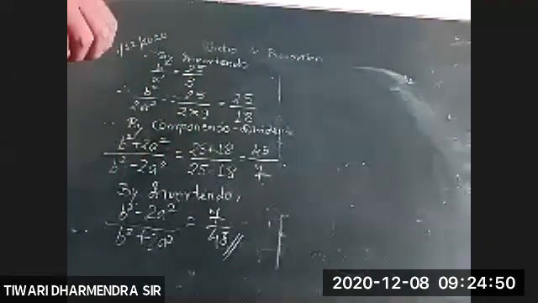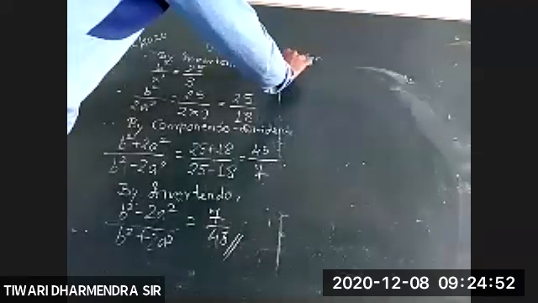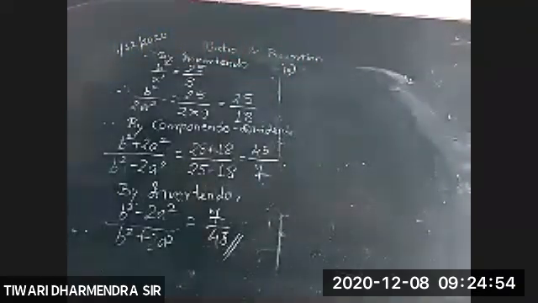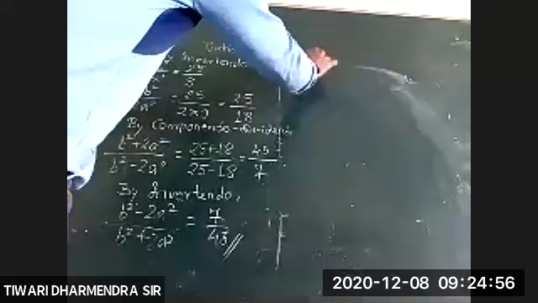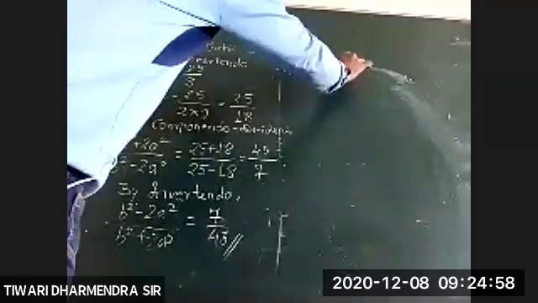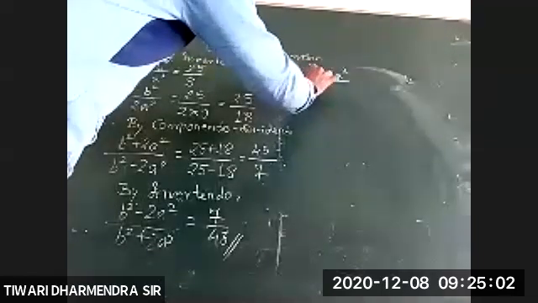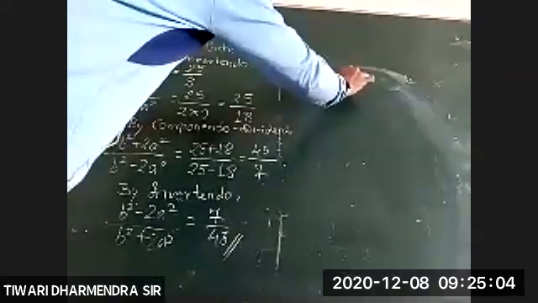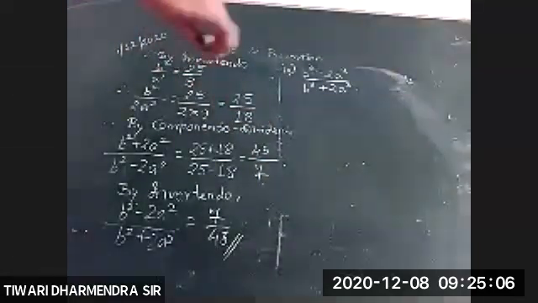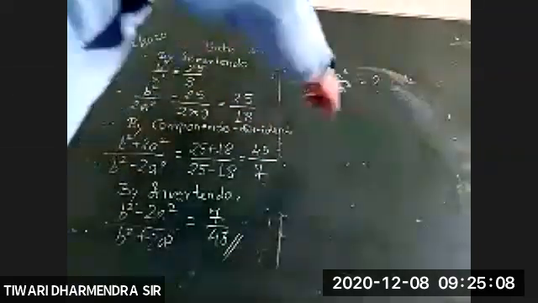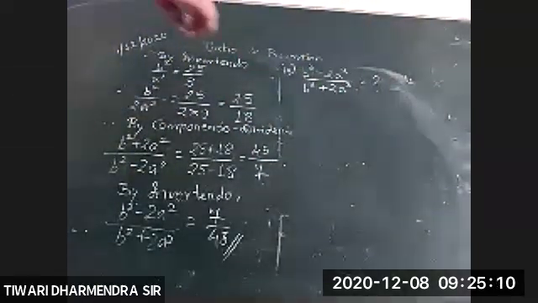So, fourth part, they're asking us to find the value of (b cube minus 2a cube) divided by (b cube plus 2a cube). So first we need to find the value of b cube upon a cube.